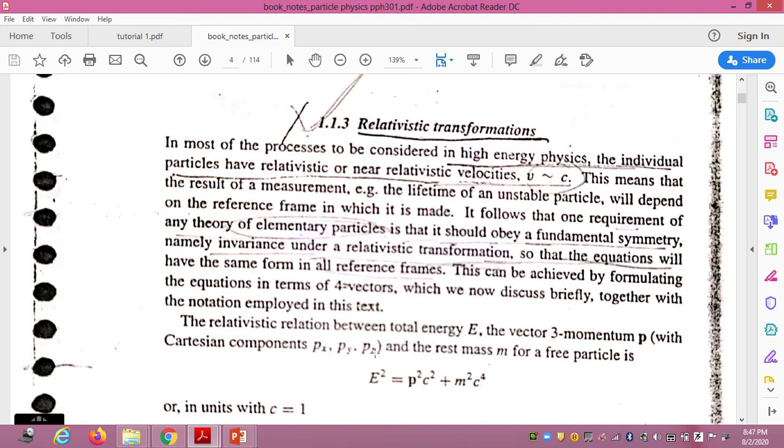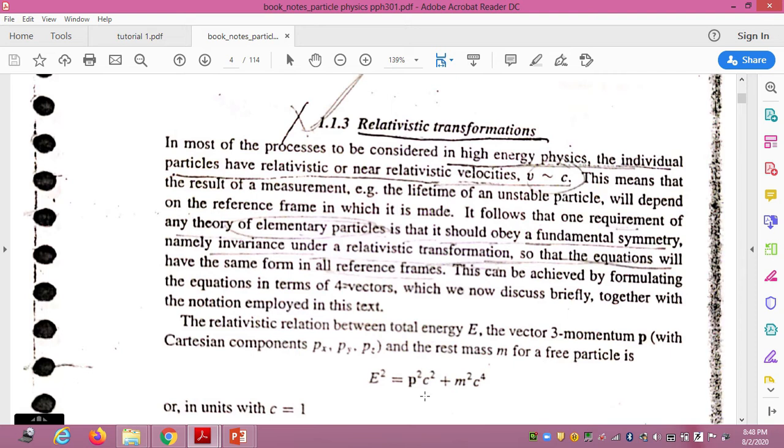So you can see here that this is the relativistic relation of a particle which has a total energy: E square is equal to P square C square plus M square C square. This is the momentum carried by the particle, and this is the rest mass of the particle, right?